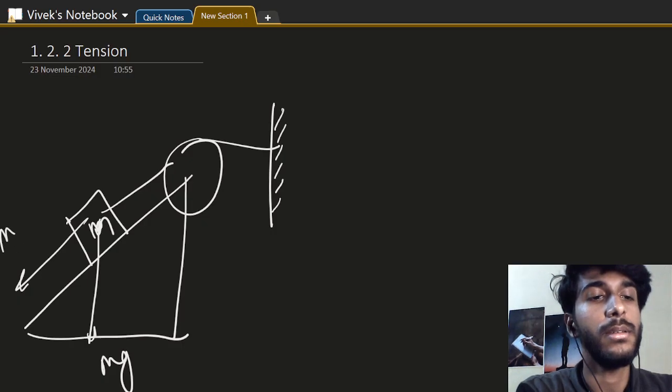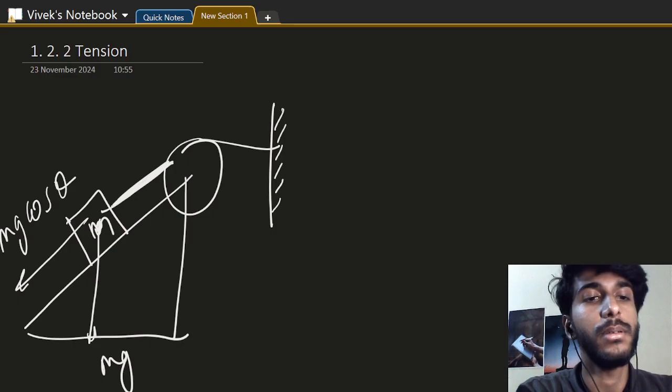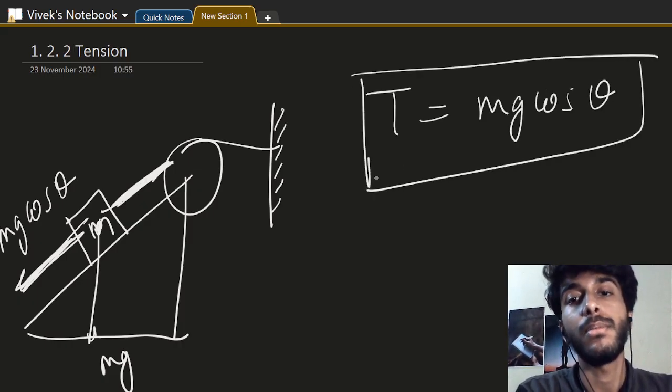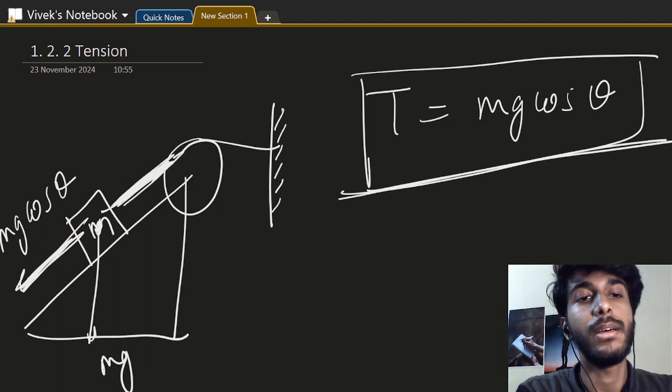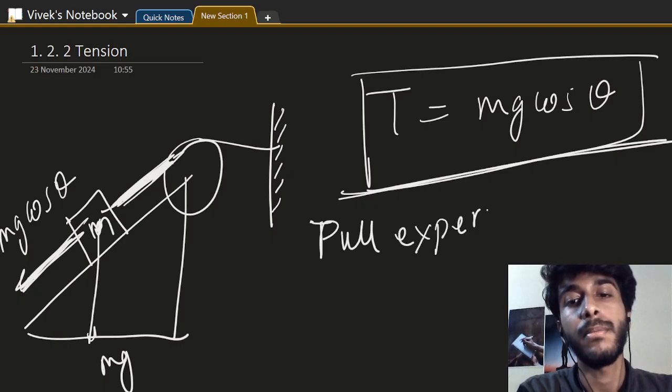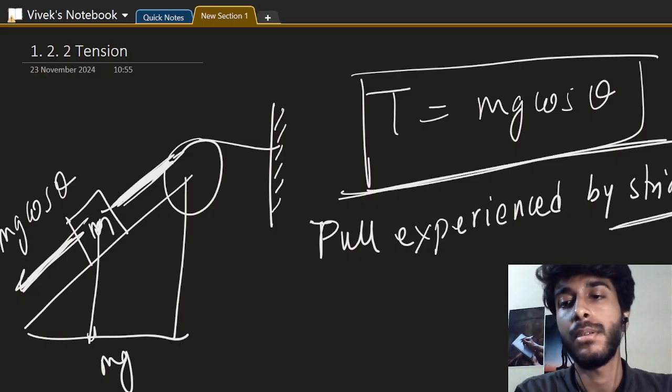Here in this direction, mg cos theta will be applied, and this will be equal to tension T, because this force is in the direction of the string. So the tension force will be equal to mg cos theta. This is the pull experienced by the string attached with the mass. So that's how you calculate the tension. Tension is actually the pull experienced by the string. That is what we mean by tension.